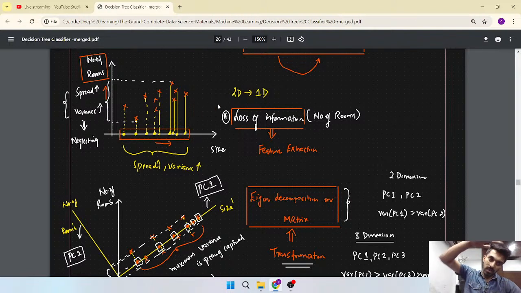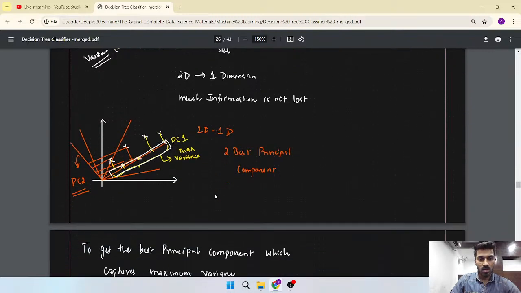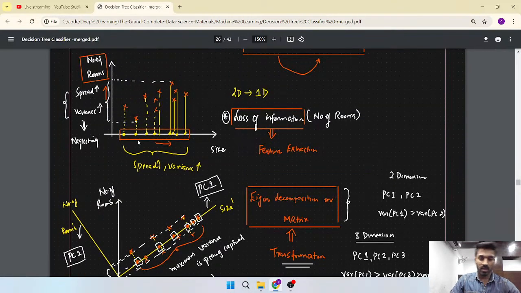Basically in PCA, we will take a projection of the number of rooms onto the size axis, on the x-axis.